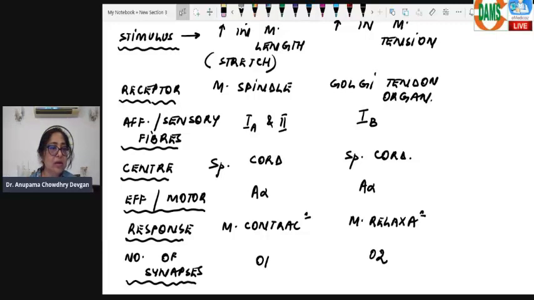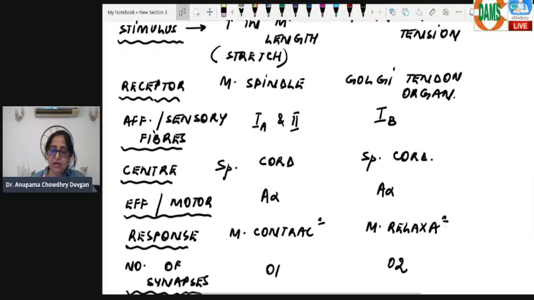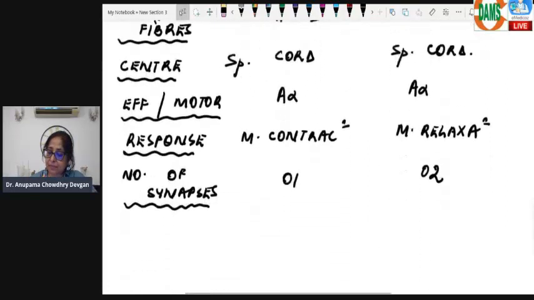From the Golgi tendon organ is 1B. They enter into the spinal cord. Now they affect the A alpha motor neuron. The response of the stretch reflex is a muscle contraction. For the inverse stretch reflex, it is a muscle relaxation. Number of synapses is 1 for the stretch reflex, and 2, bisynaptic, for the inverse stretch reflex.